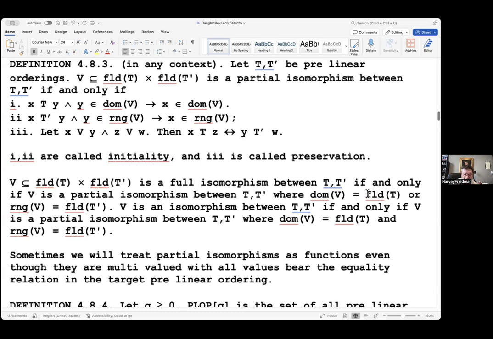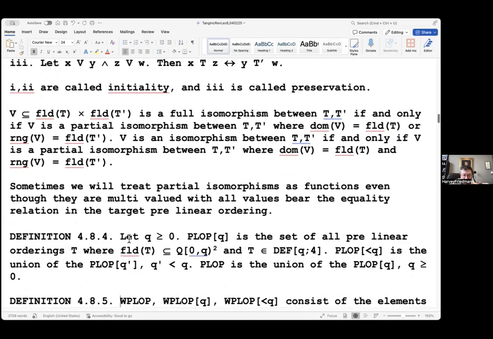Now, a full isomorphism is when the domain of V is the field of T, or the range of V is the field of T prime. So it's the whole thing into something, or it's something into the whole thing. And an isomorphism between them is when the domain is everything and the range is everything.